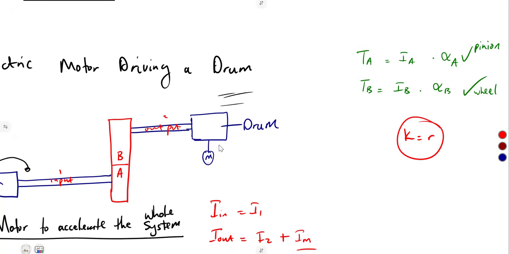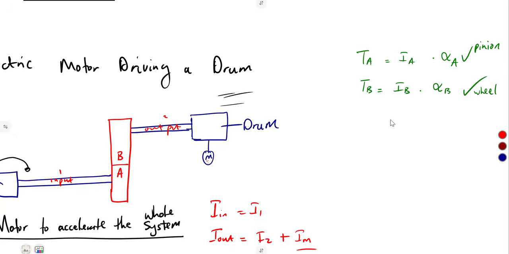A point mass, and at the drum radius. So it affects at the drum radius. Therefore, the radius of gyration is the same as the radius of what? Of the drum. And that is used when you are to calculate the moment of inertia for that mass that is being lifted.